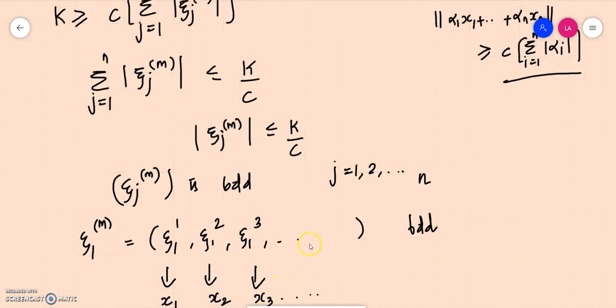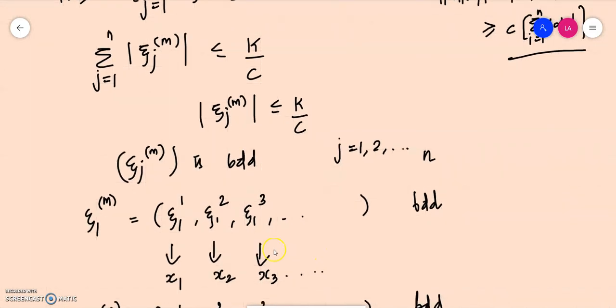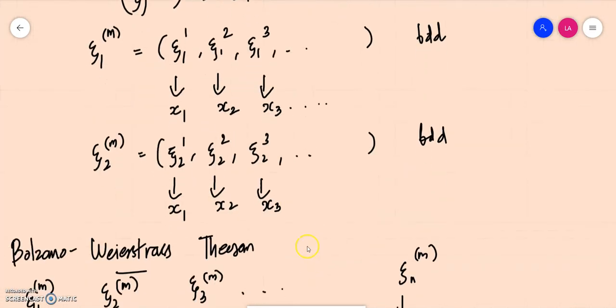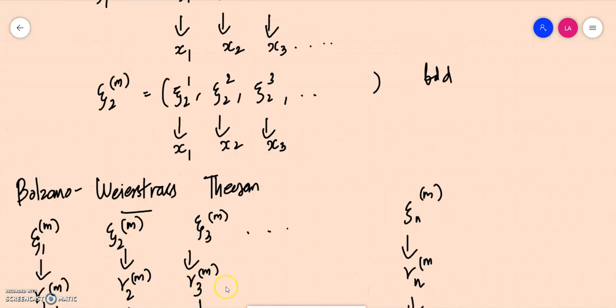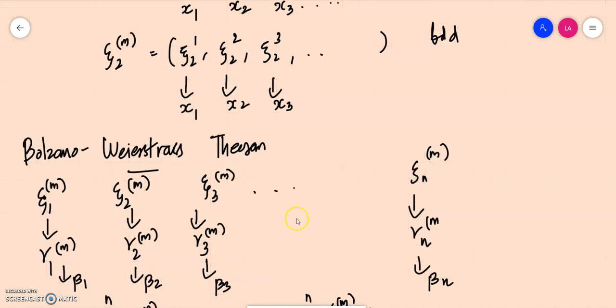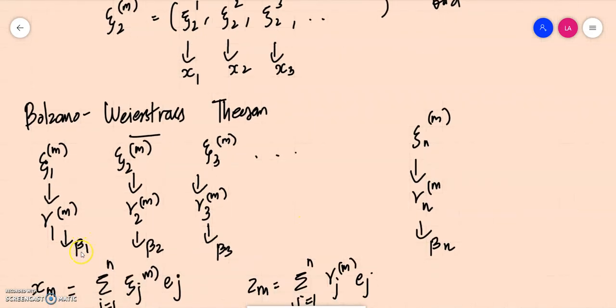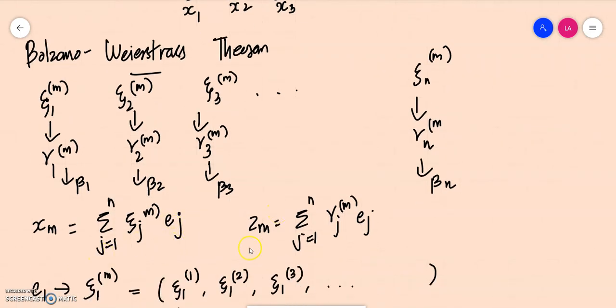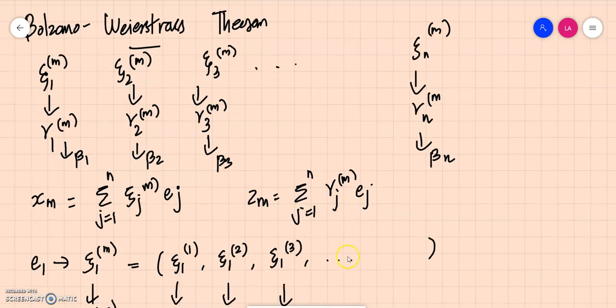It is bounded, so by the Bolzano-Weierstrass theorem, it has a convergent subsequence. Such convergent subsequences can be termed gamma 1m, gamma 2m, etc., gamma nm. Let the corresponding limits be beta 1, beta 2, etc., beta n. Now, associated with that, we can define a subsequence zm of xm, defined as the summation j equal to 1 to n of gamma jm ej.